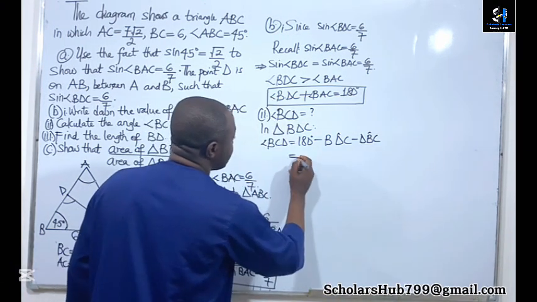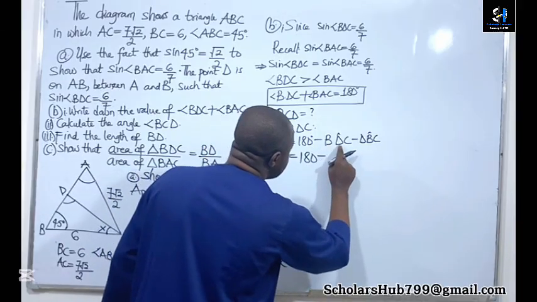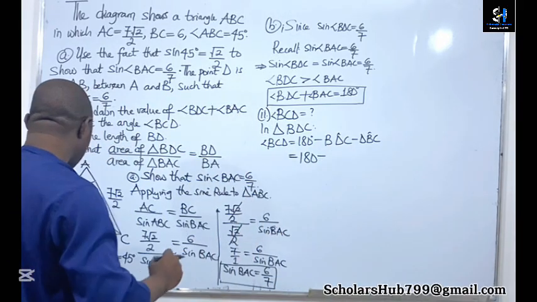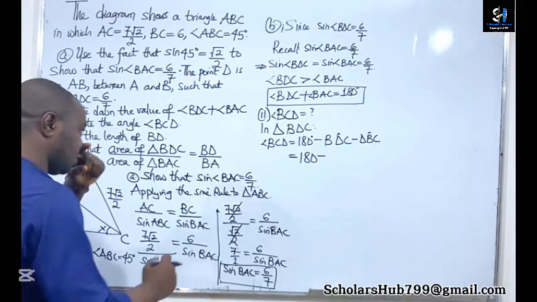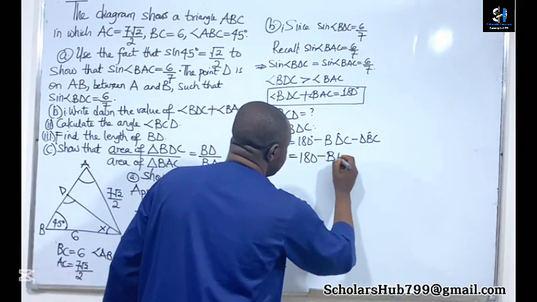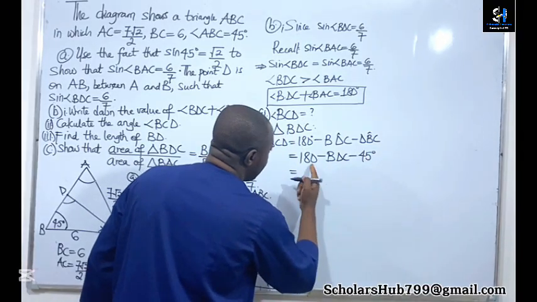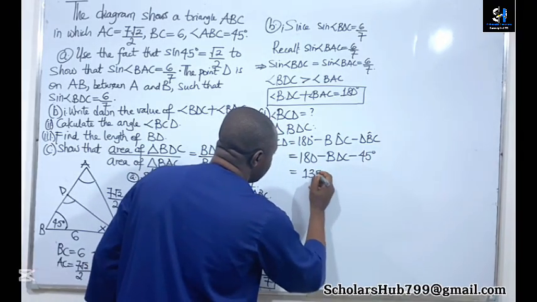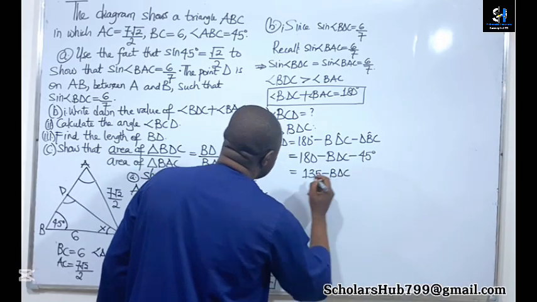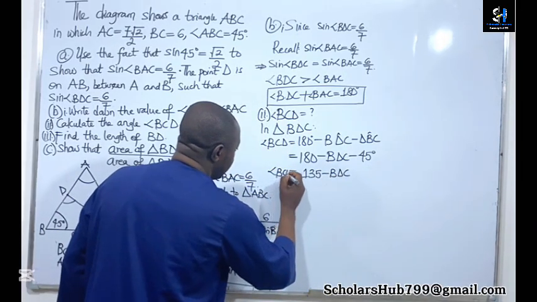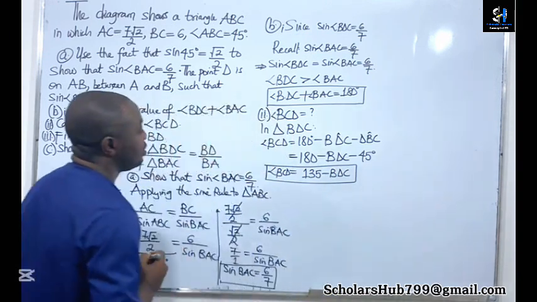So this will be 180 minus, now BDC, we are not given the size of angle BDC, but the size of DBC is 45. So 180 minus 45 will be 135. 135 minus BDC is equal to BCD. Let's note this, very important.